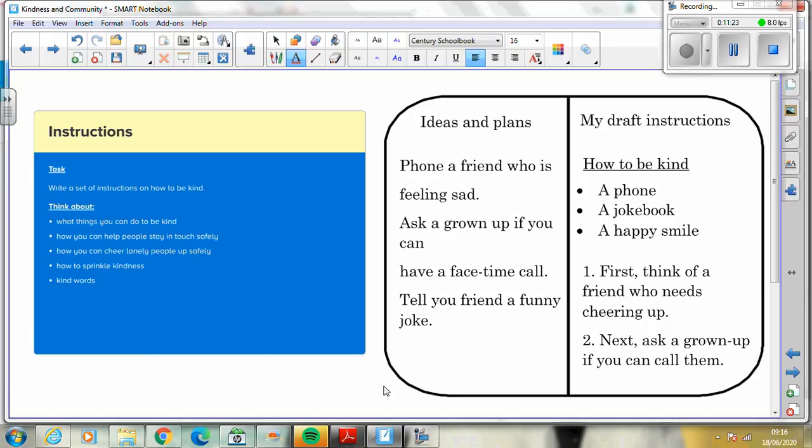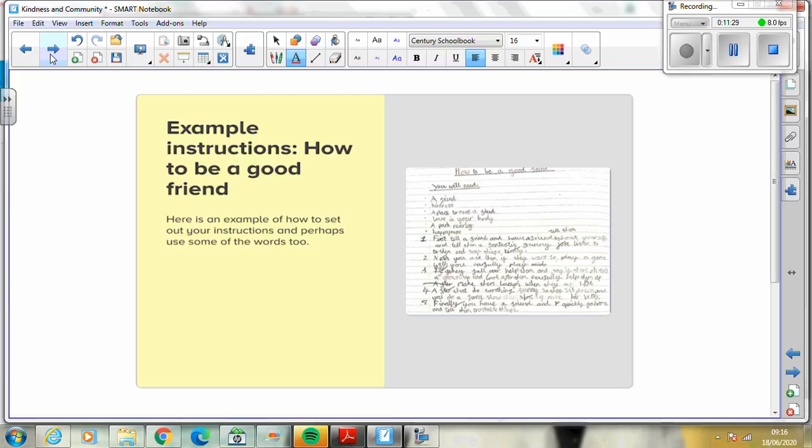I'm going to show you now an example of a set of instructions that have been written by another child. Here is your example of the set of instructions that have been written. So we have a title, we have a subheading, you will need, and then you'll notice that there's bullet points.